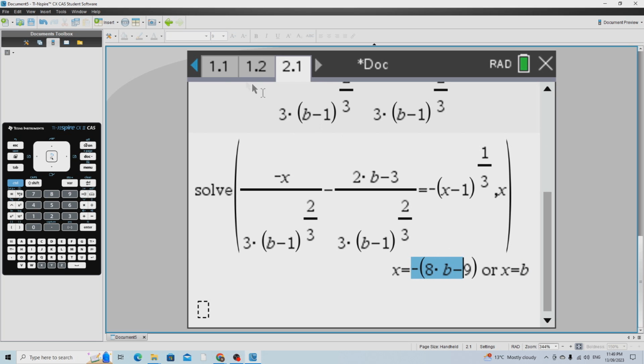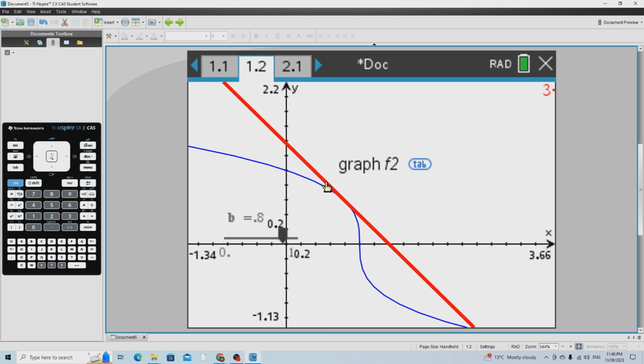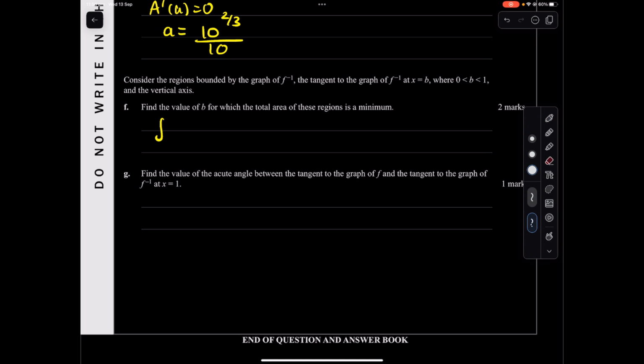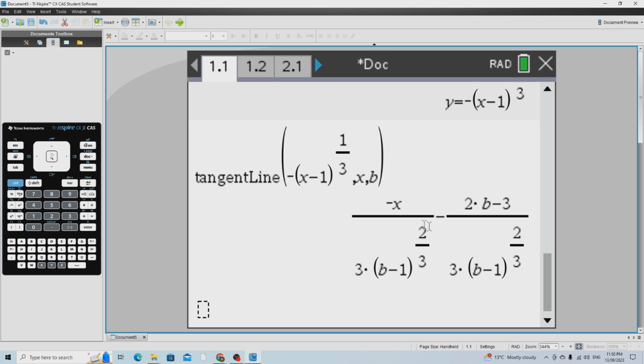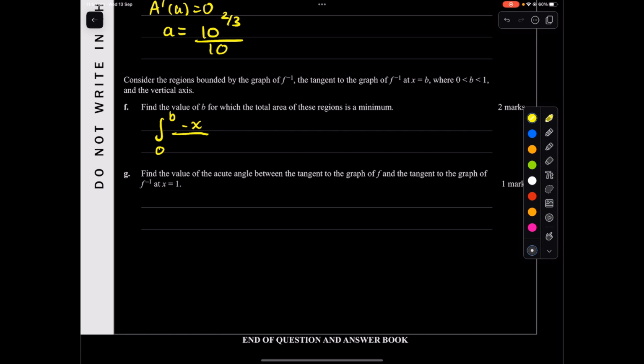So let's now go into this graph and find the area from 0 to b of the line, which is an ugly function. I don't want to write that, but I think we do have to. So negative x over 3b minus 1, 2 over 3, minus 2b plus 3.